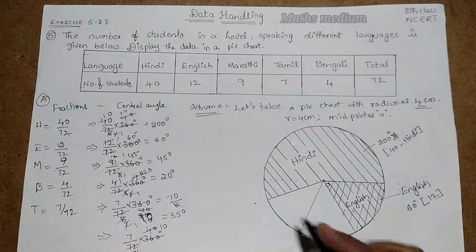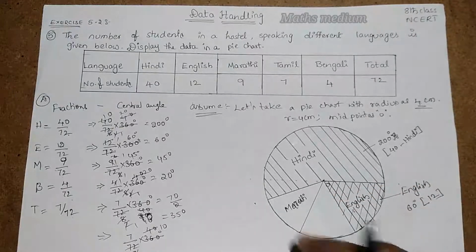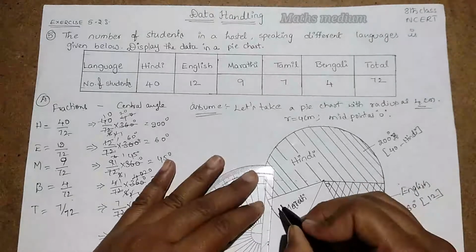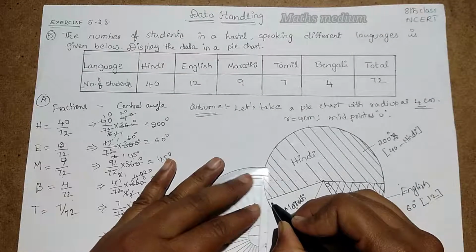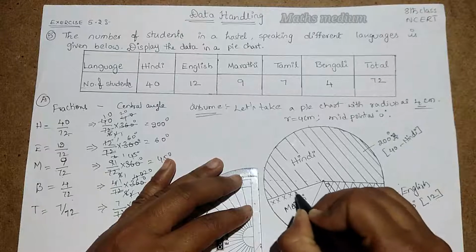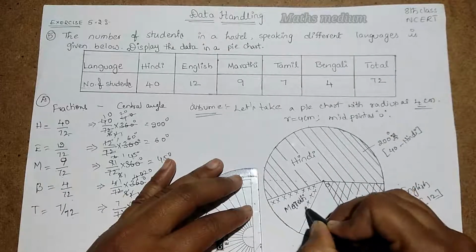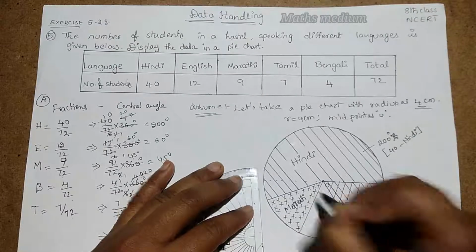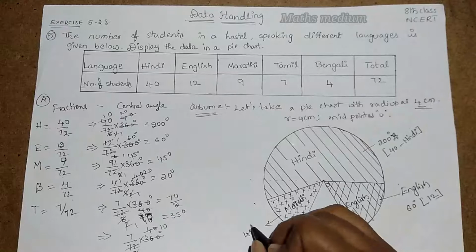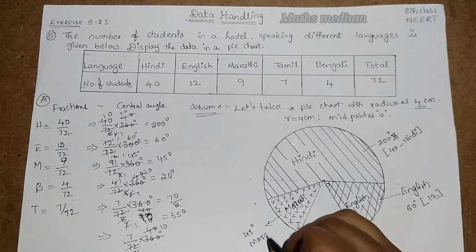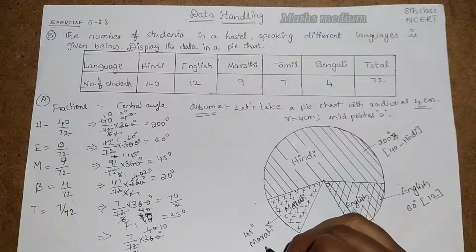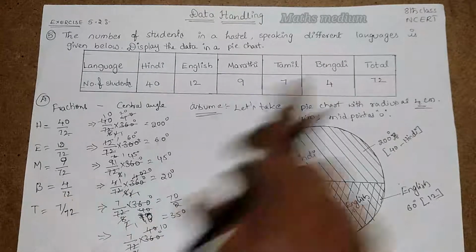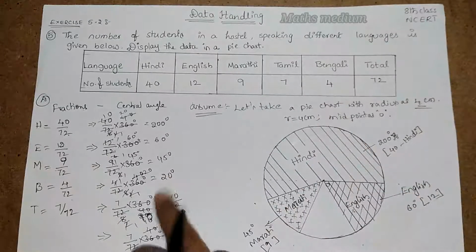It contains Marathi. So Marathi is 45 degrees. Let me represent it with X marks. So it contains 45 degrees, Marathi, with 9 people. Next, coming to Bengali, that is 4 people, representing 20 degrees.